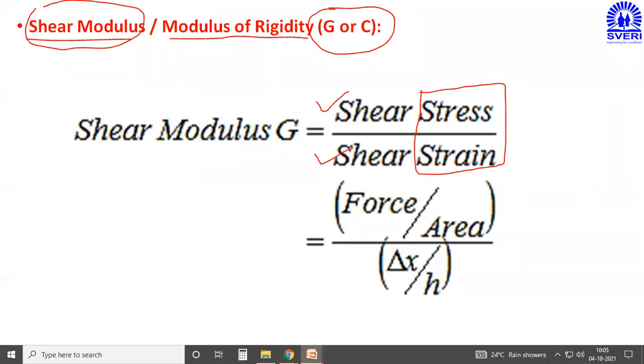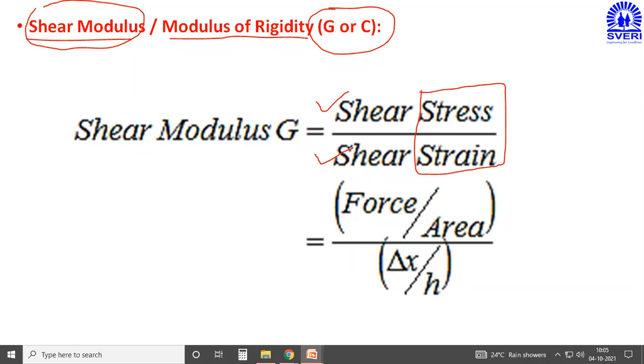And where do we use this elastic constant? Mostly where shear stresses and shear strains are developed, maybe in the torsion chapter. Why in the torsion chapter? Because when the shaft is subjected to rotation, there is a possibility of torque and a possibility of shearing.